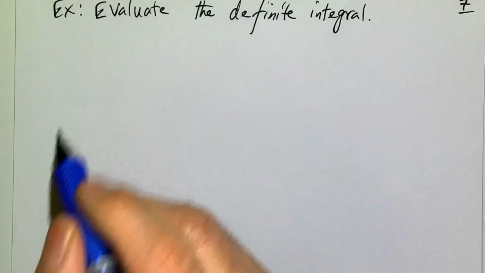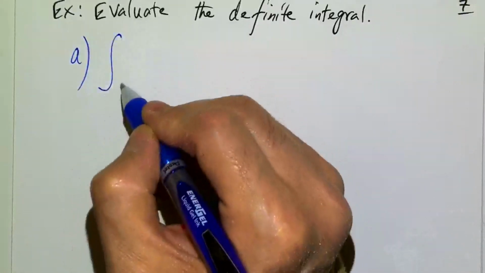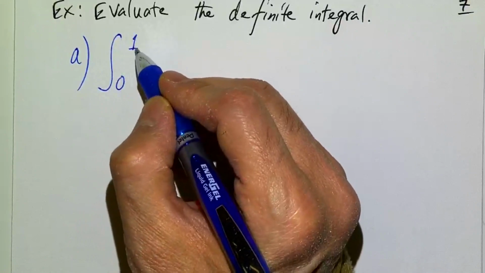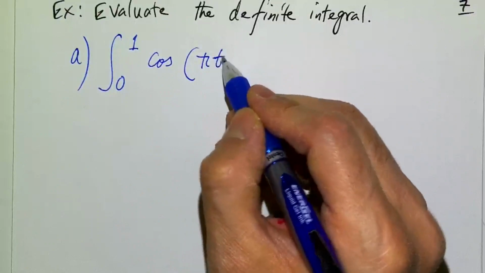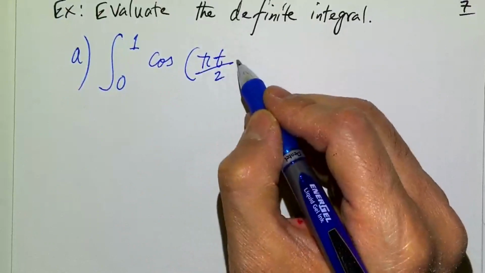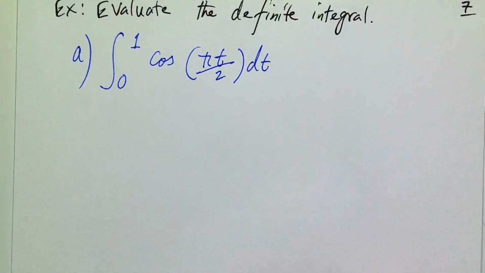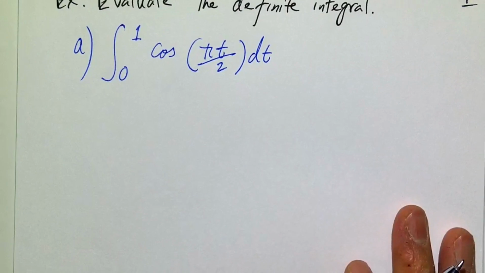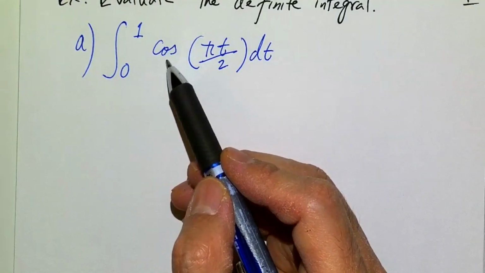All right, so let's start with this one. We want to integrate from 0 to 1 the expression cosine of pi t over 2 dt. Okay? Here, we can't really substitute for the cosine.